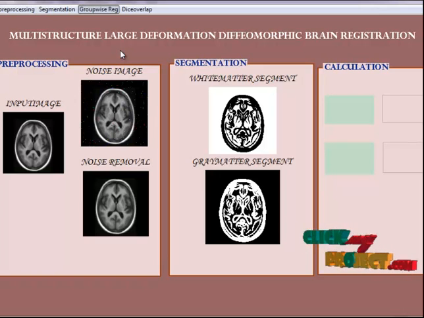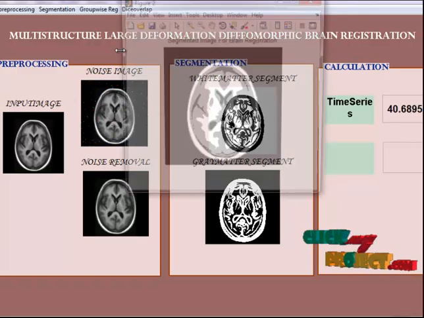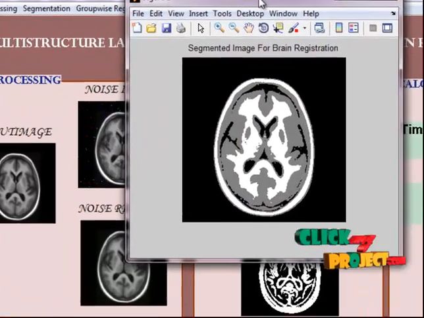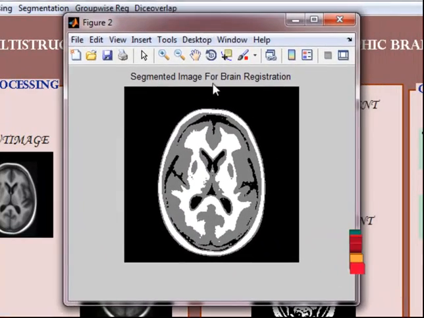Then we compared the manual segmentation of the subjects with a propagated manual segmentation. This is done for brain registration. The datasets are freely available MR imaging datasets to evaluate our brain registration methods.